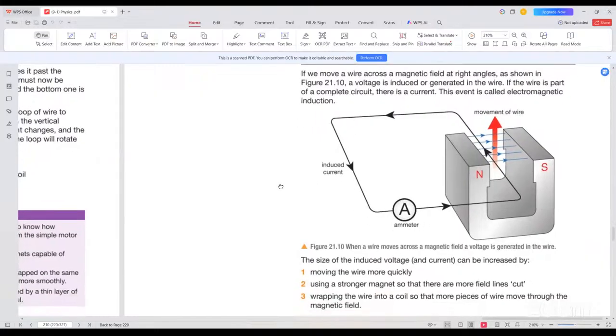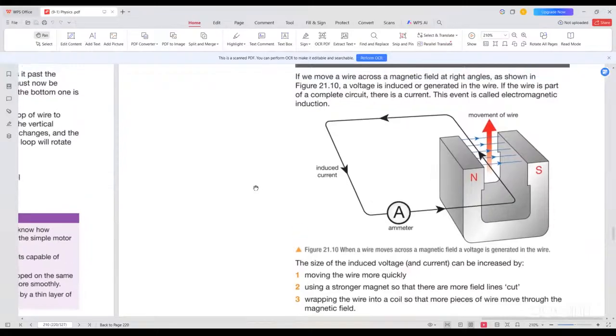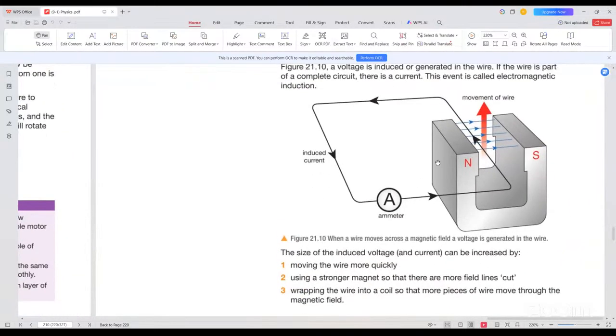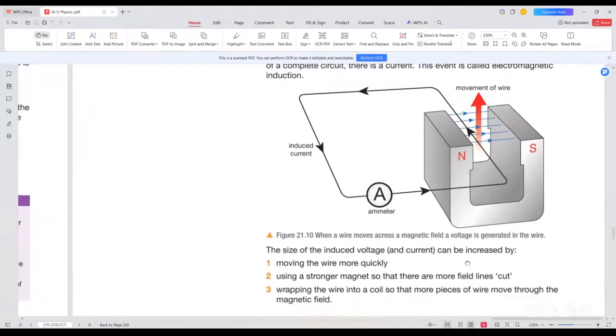Then the electromagnetic induction part, okay? Actually we discussed this thing, right? The wire is being placed in a uniform magnetic field. In this case, we are not providing any sort of external power supply.